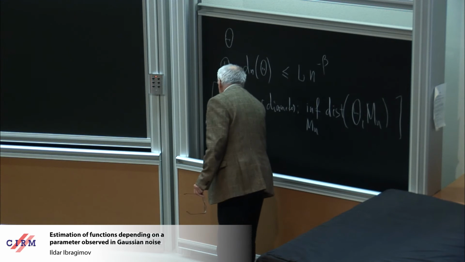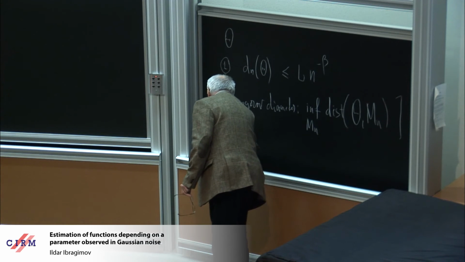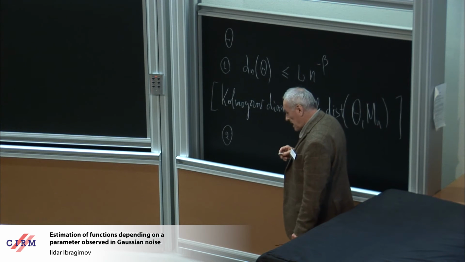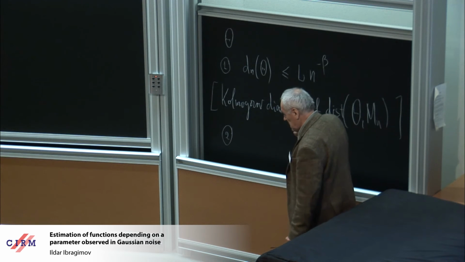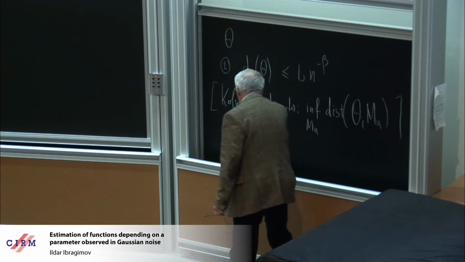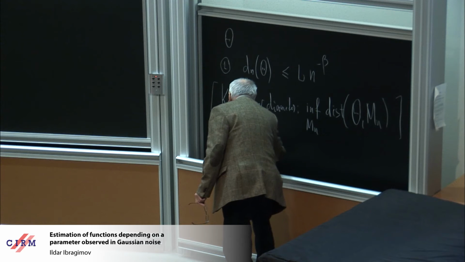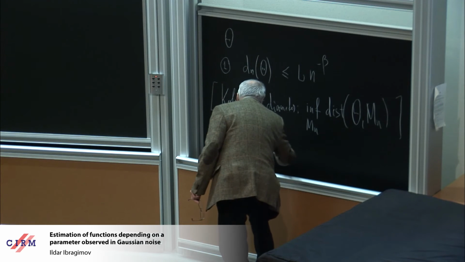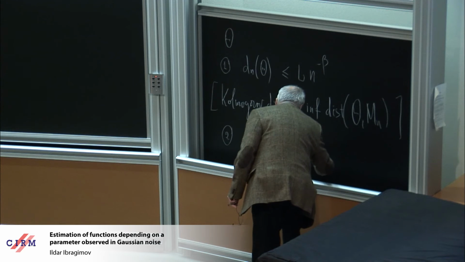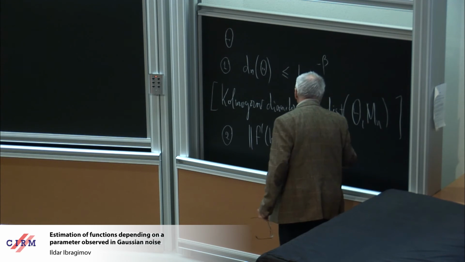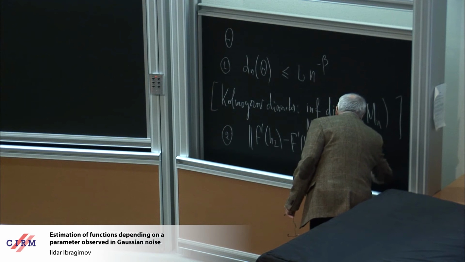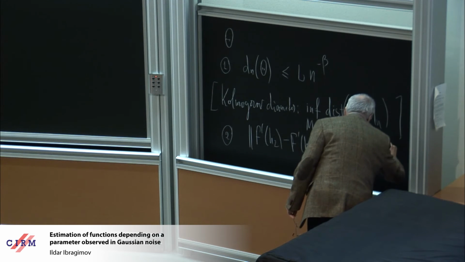We supposed that the functional f of theta is differentiable and its derivative, its Fréchet derivative, satisfies a Hölder condition, namely the norm of f prime h2 minus f prime h1 is less than some constant M times the norm of h1 minus h2 to some power gamma.